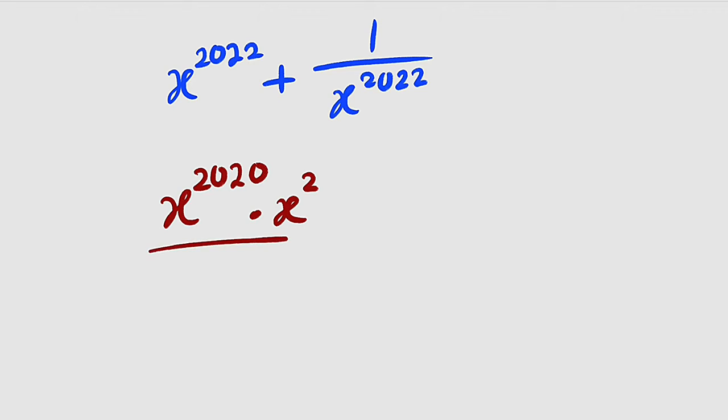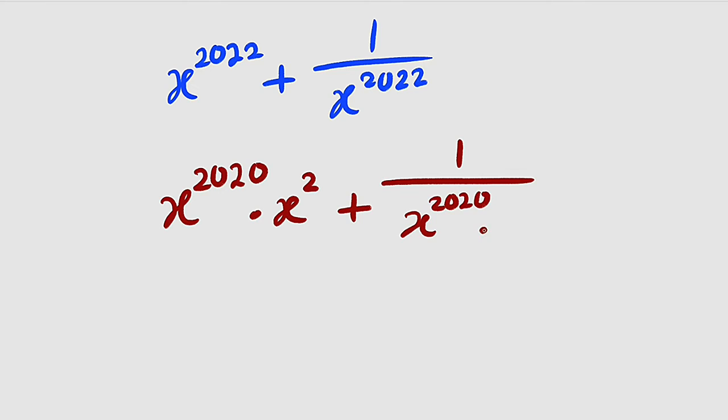If you are multiplying terms that have common bases, you can take one base and add the exponents. So if you add these two exponents together, you're going to obtain this back. So we haven't changed anything. Plus, you do the same thing here, 1 divided by x to the 2020 multiplied by x squared.